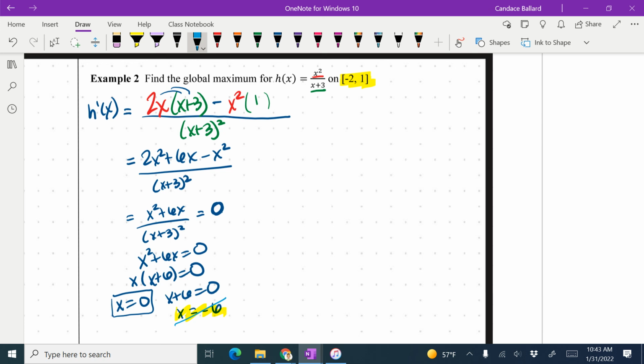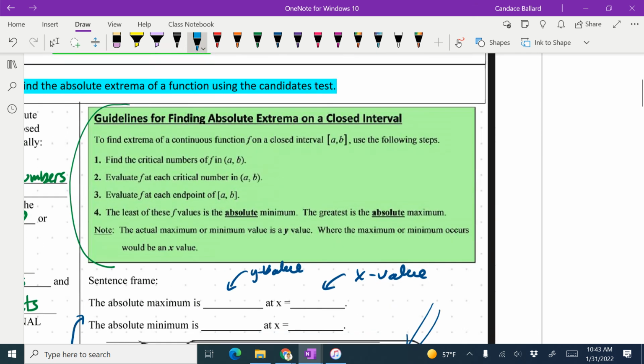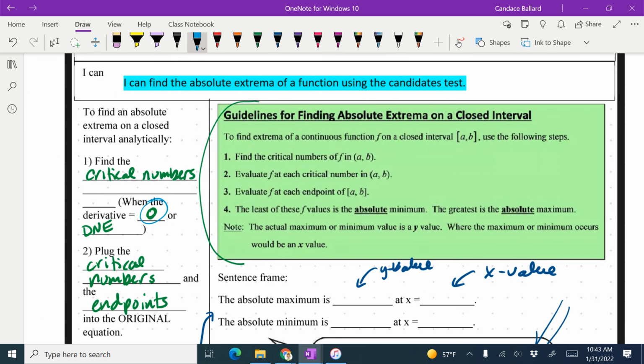Now, there's another place where we can get critical numbers from. We can also set the denominator of the derivative equal to 0. Because remember, it told us that we get critical numbers when we're equal to 0 or we do not exist. Remember, we do not exist if our denominator is equal to 0.